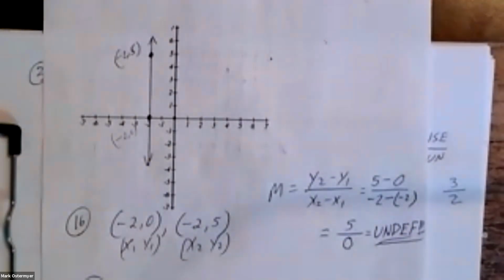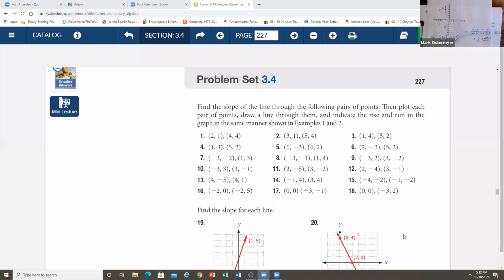Is that good? Thank you. All right, classwork number 1. Compute the slope mathematically, then plot the points, put a line through them, and compute the slope geometrically. Number 15.